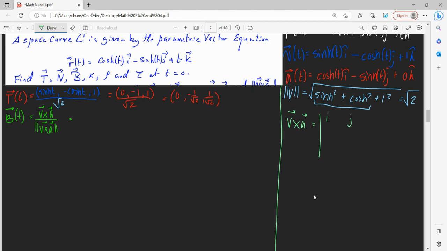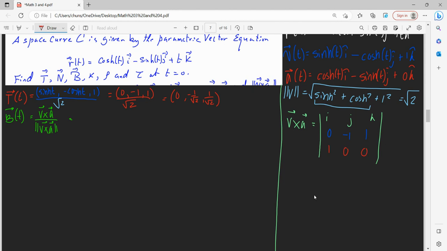So i, j, k. For velocity, when we plugged in our values, that's what we got up here, so that's 0, negative 1, 1. For acceleration, cosh 0 is 1, negative sinh 0 is 0, and then we have 0 at the end.